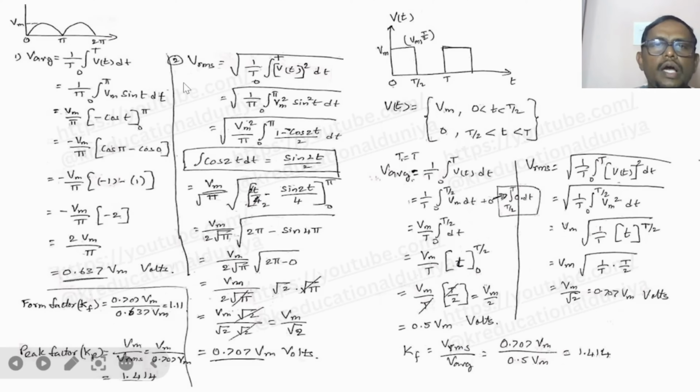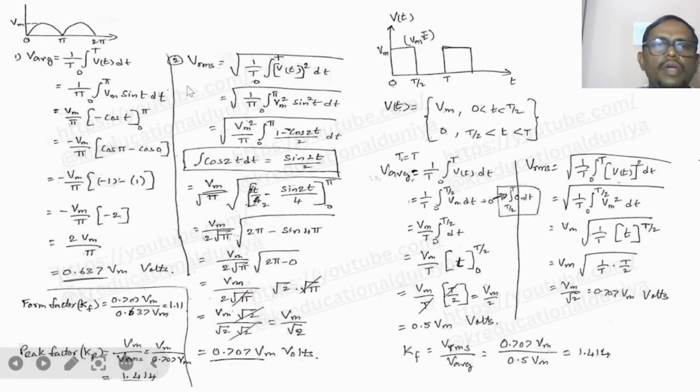And coming to the VRMS, the formula is under root 1 by T integral 0 to T v of t square dt. Here the time period is 0 to pi only, because the maximum time period is pi only. So 1 by pi integral 0 to pi Vm square sine square t dt. If they have given omega t, you have to write sine square omega t d omega t.